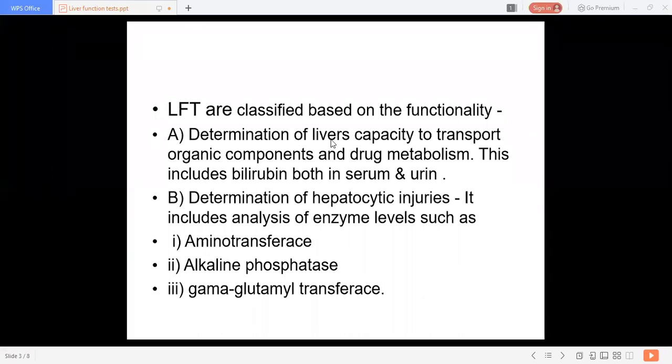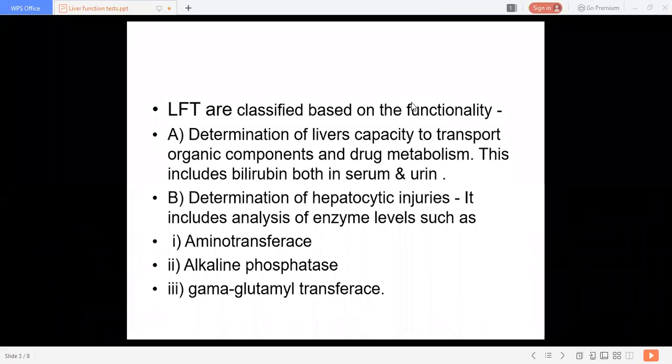Please write down these values. The normal values of alkaline phosphatase are 44 to 147 international units per liter.